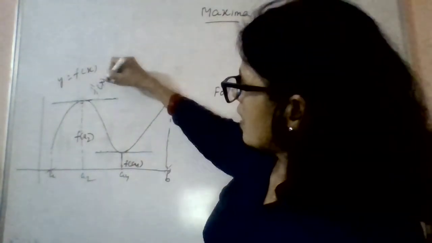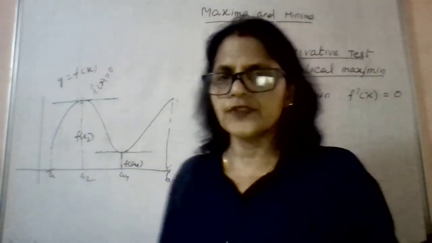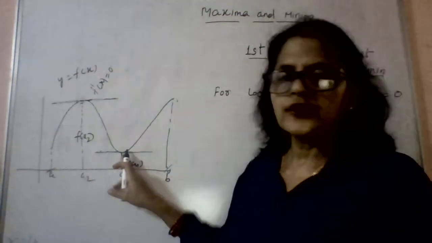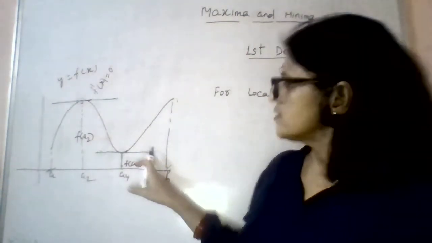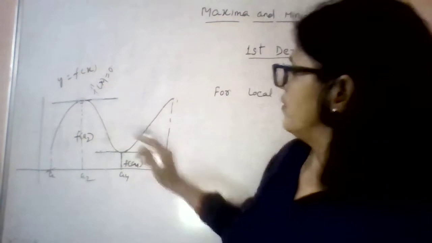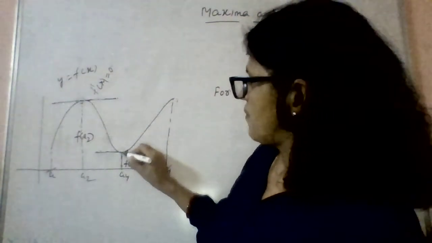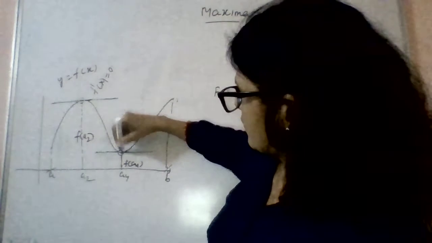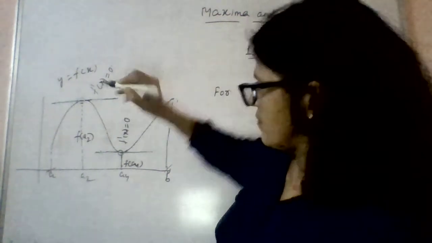So at the point of local maximum, f dash x equal to 0. Similarly, at the point of local minimum, the tangent is parallel to the x-axis, so the slope of the tangent is 0. It means at x equal to a4, the slope of the tangent is 0, so the derivative of the curve equals 0.